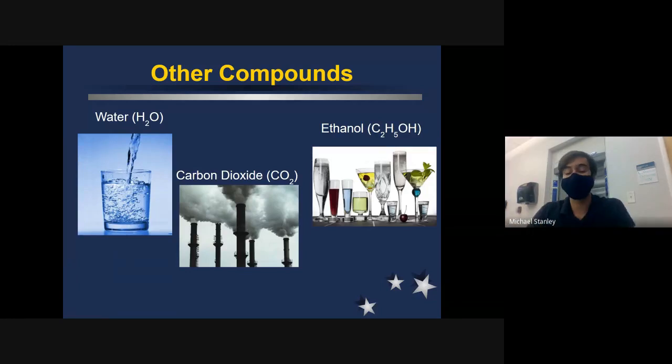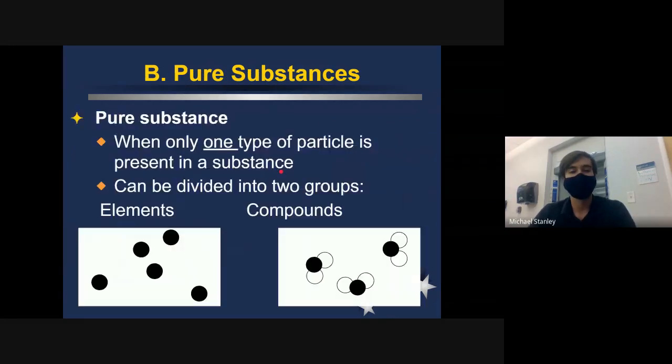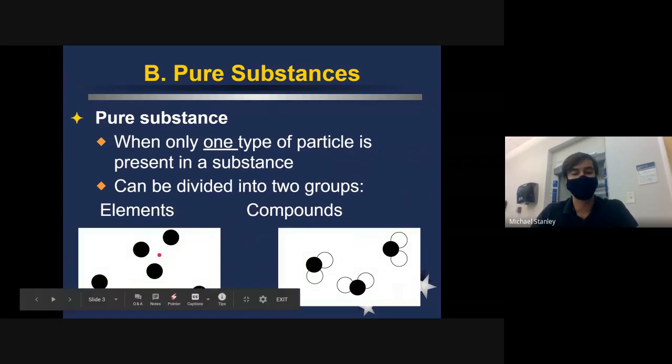So if we only have one type of these substances present in our matter, then it is a pure substance. All right, so to go back to our little picture here, if we only have one single type of atom in our substance, then it is a pure element.